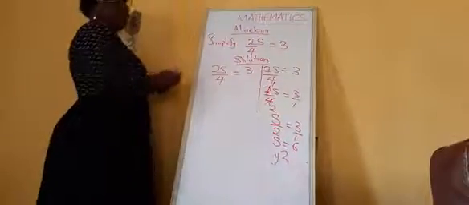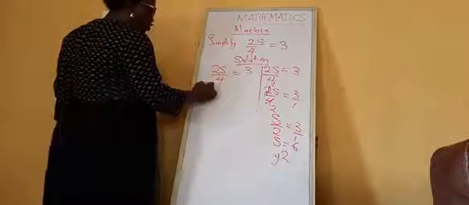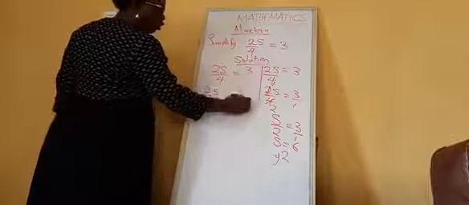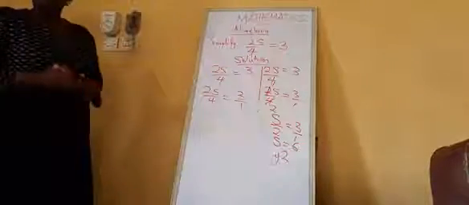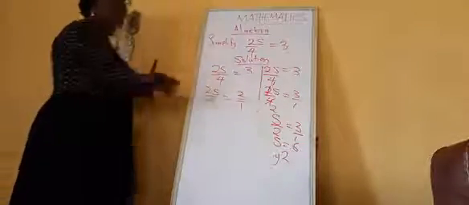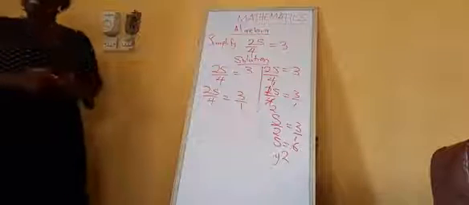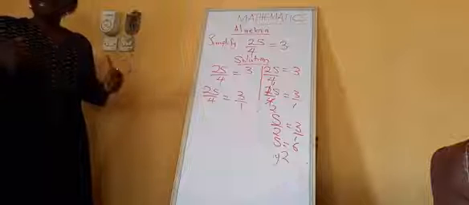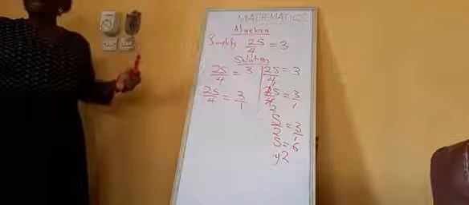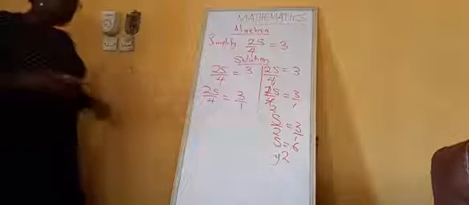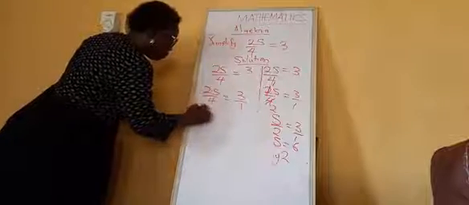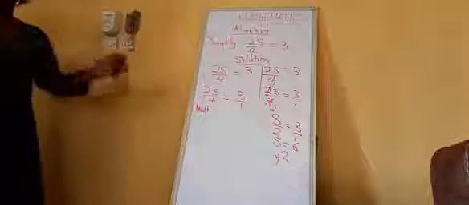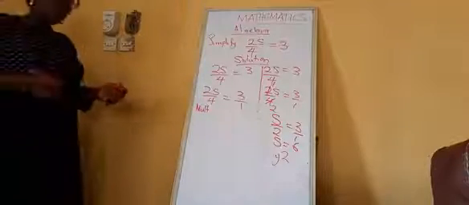For an equation like this, what we are expecting you to do is you balance it. You go to 3 over 1. Now you ask yourself, what is the LCM of 4 and 1? Meaning that the LCM of 4 and 1 is 4. Meaning that you need to multiply both sides by the LCM. In any step you take, you need to write what you are trying to do.